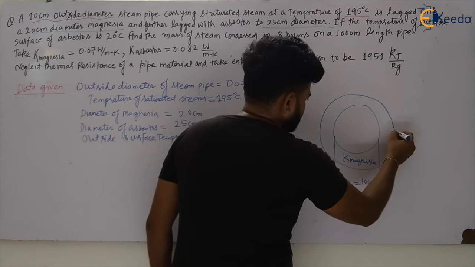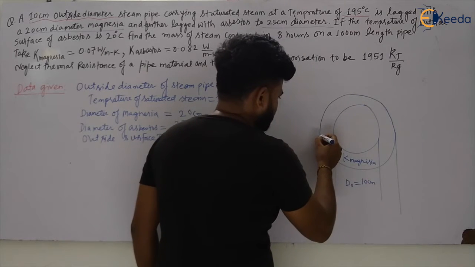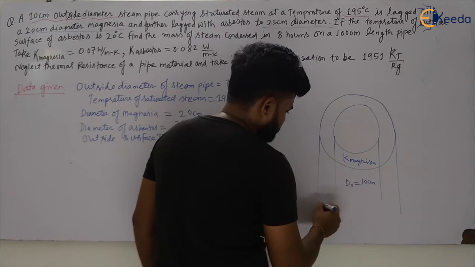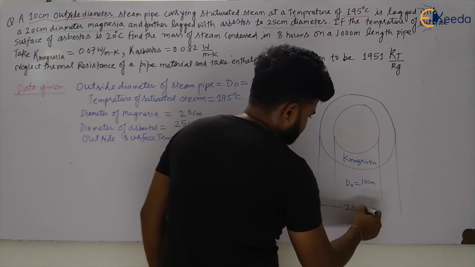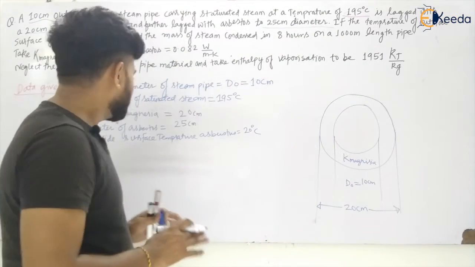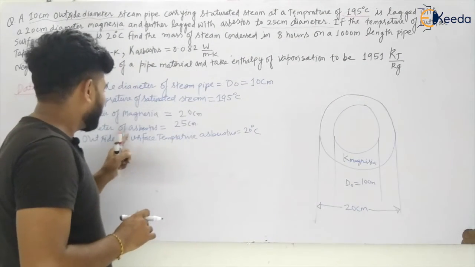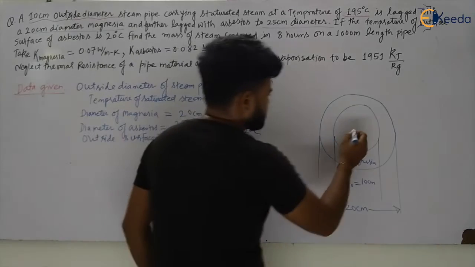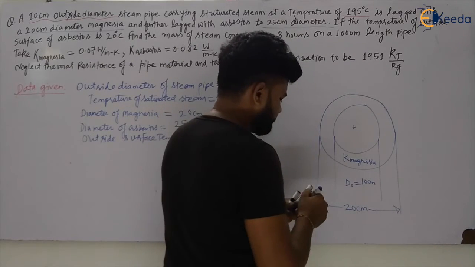And what is the diameter of this, my dear students? The diameter of this is 20 centimeters. Again, this is lagged with some insulation, which is your asbestos.